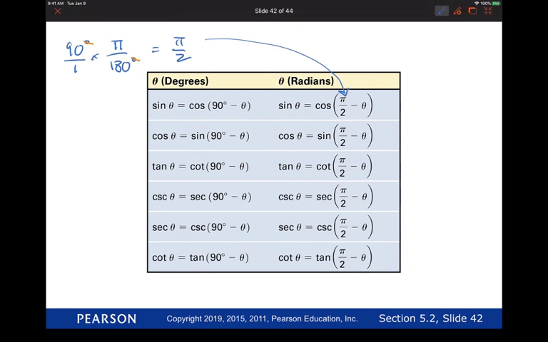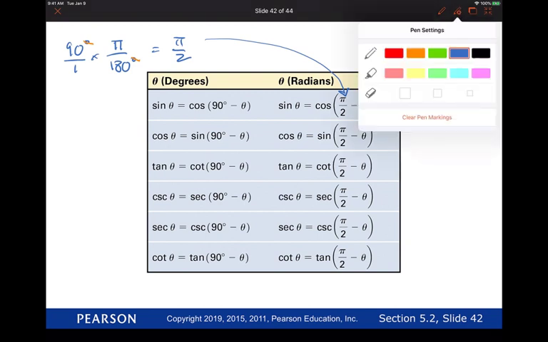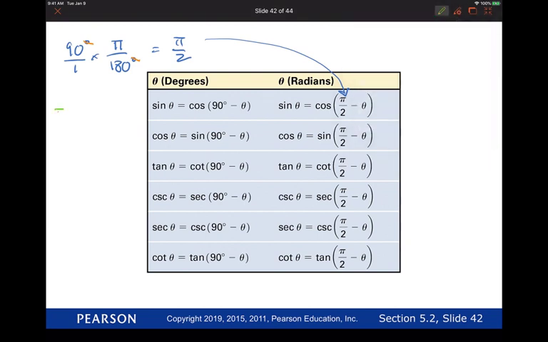So 90 degrees is pi over 2 radians. Let's do the reverse really quickly. Say we have pi over 2 radians, and we want to convert to degrees. If we have radians on top, when we do the conversion, how do we convert this to degrees? Times what? 180 over pi, right?